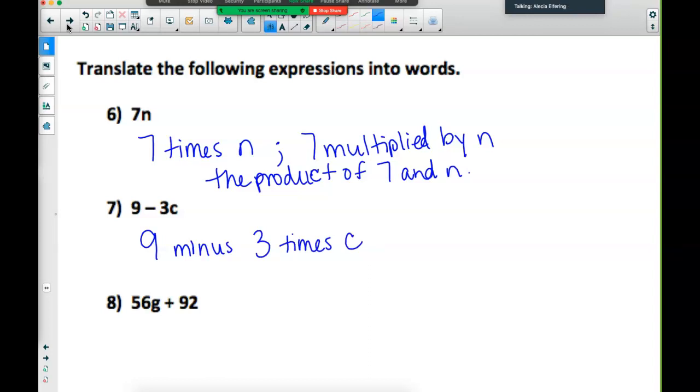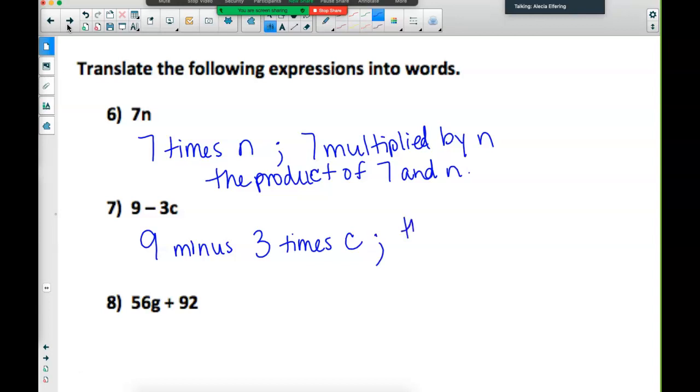To me, that's the easiest. There's other ways to do this. Anybody think of another one? Go ahead, Brady. The product of 3c less than 9. Perfect. So he wanted to use the words less than, so he knew the order had to switch.